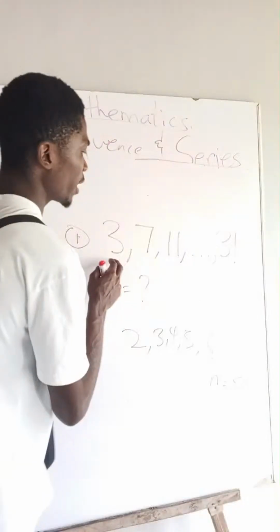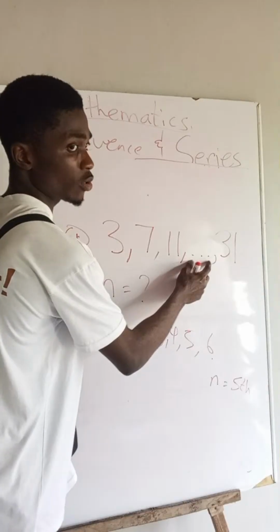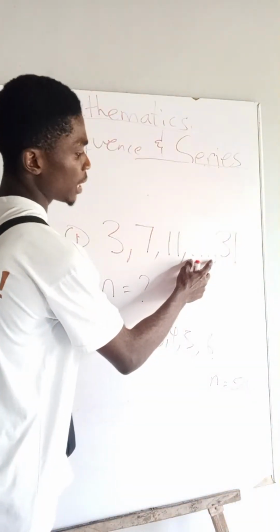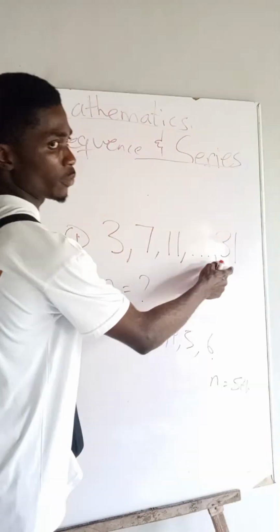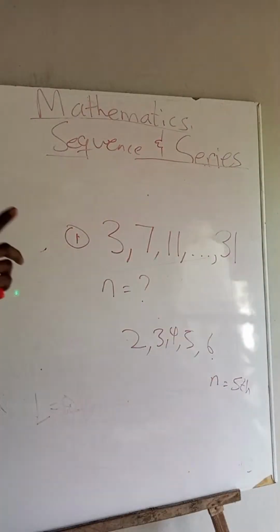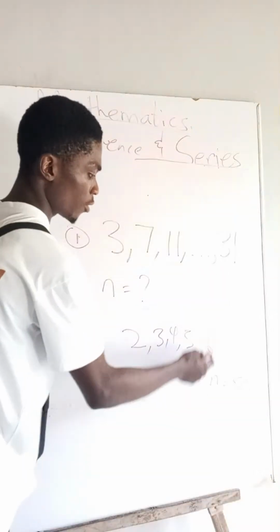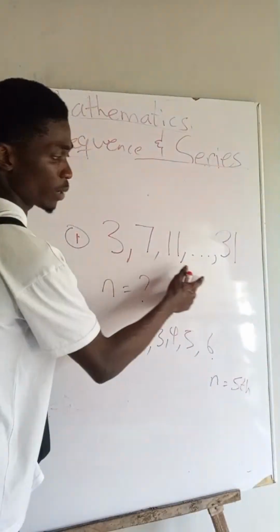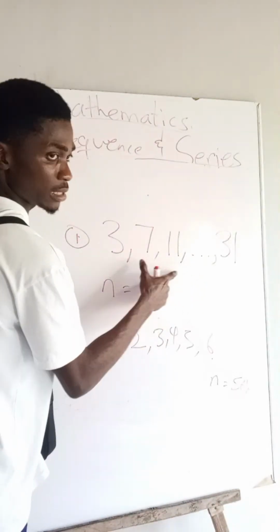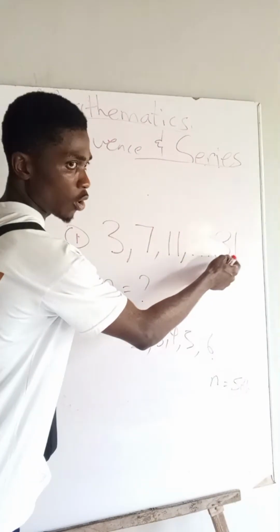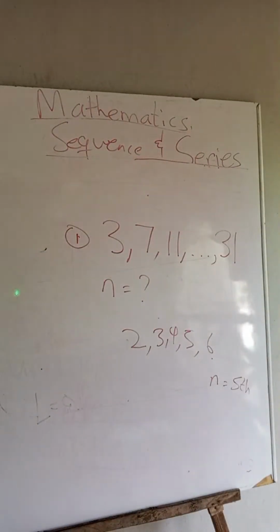But despite that, this one we can't count 1, 2, 3. There is a dot here. We don't know the number of numbers here before we reach this side. So for us to get the number of terms in the sequence, the number of terms is the same as the position of the last term. Is it clear?